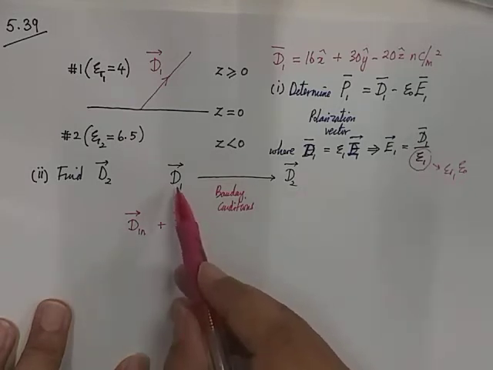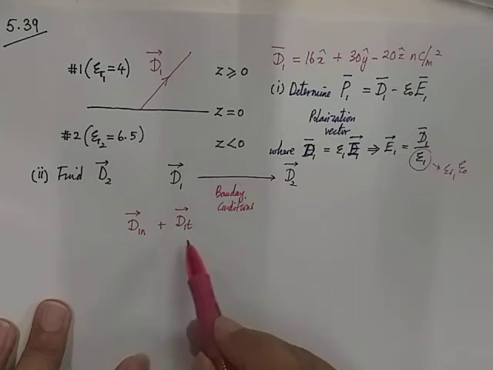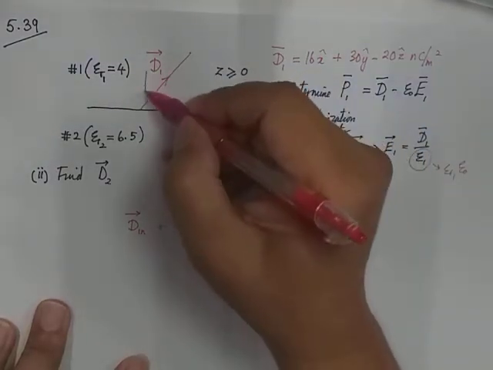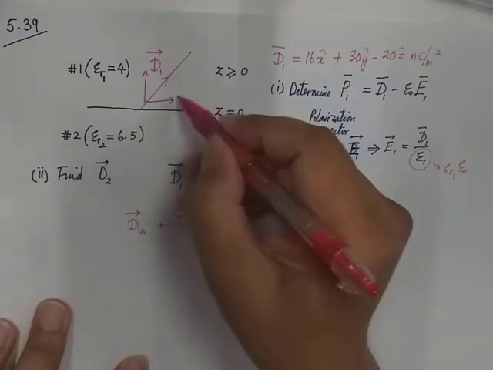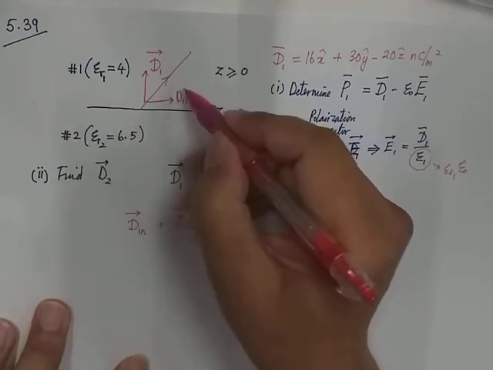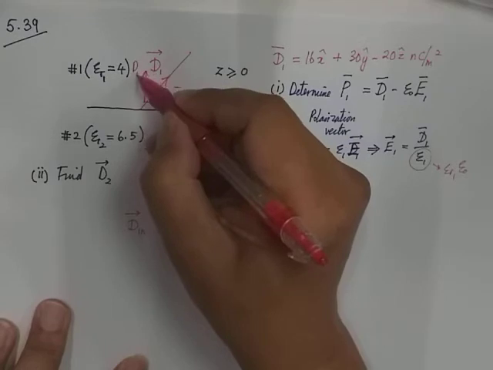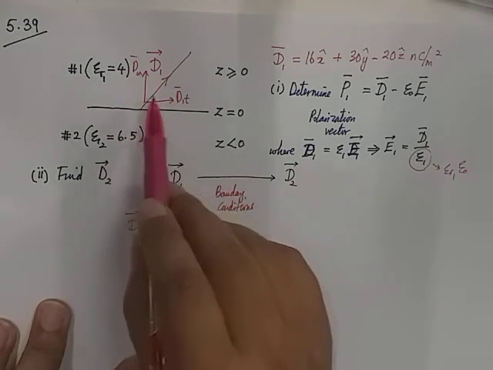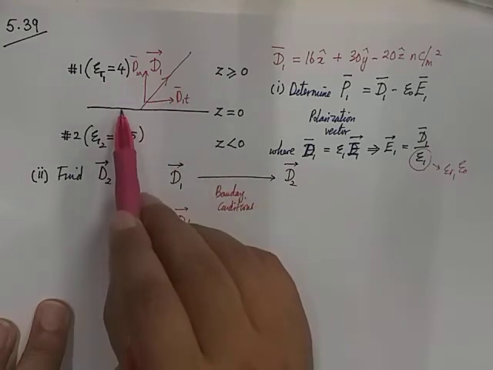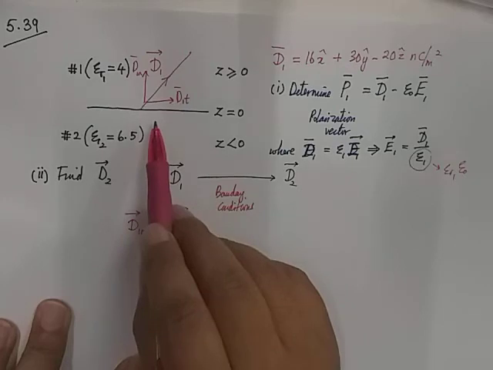So D1 equals D1n plus D1t, and we are splitting D1 into the component normal to the boundary and the component tangential to the boundary.